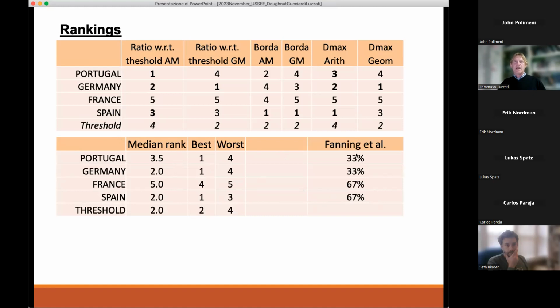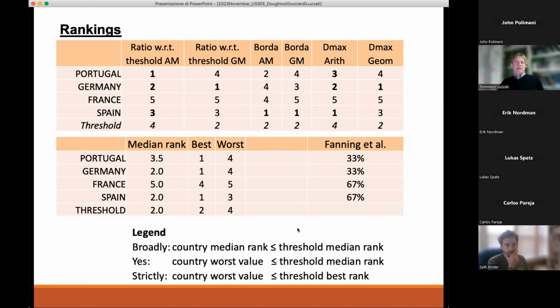And we can compare it with just the counting metric, which is based on counting how many criteria are met. And so we classify a country as broadly within the donut if its median rank is smaller than the threshold median rank, and so on.